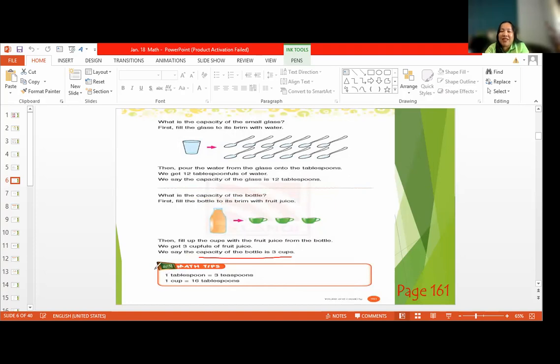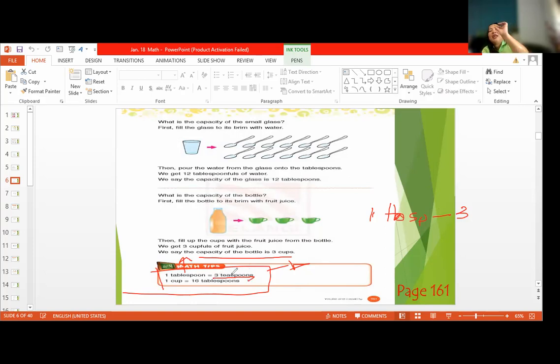Okay, so we have the standard measurements in tablespoon and teaspoon. 1 tablespoon, TBSP, is equivalent to 3 teaspoons. Do you know the big spoon? That is the tablespoon, the spoon that we use when we eat.